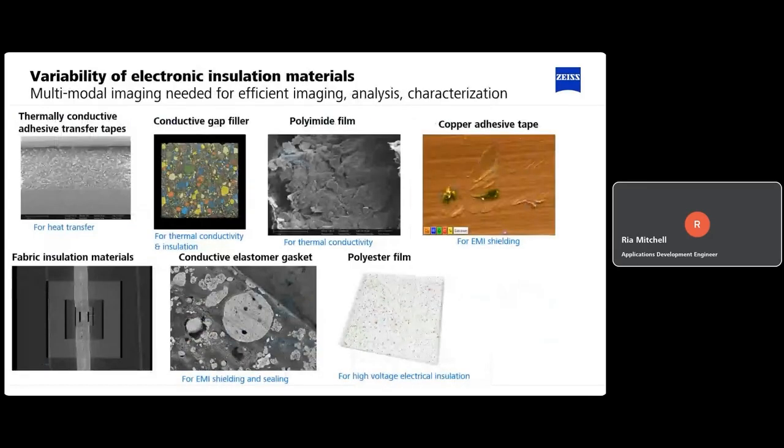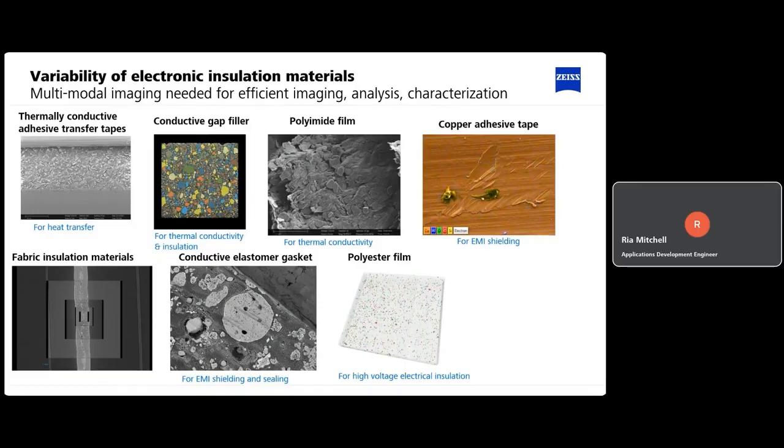Onto the first group of electronic materials then, and that includes insulation materials. So I've got a handful of the different types of insulation electronic materials that are available on this slide. These, as you can see, range in morphology and structure. So some of them are layer-based, some of them are film or foil-based, some of them are particle-based, and some of them are fiber-based.